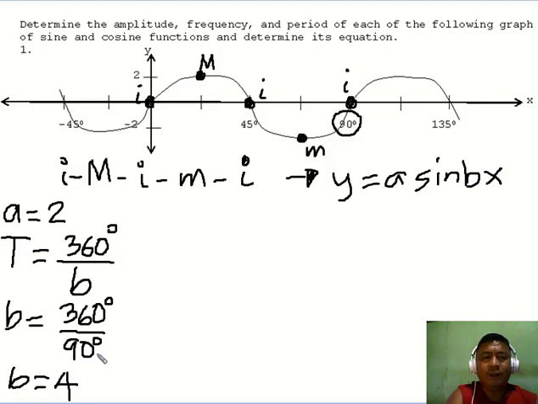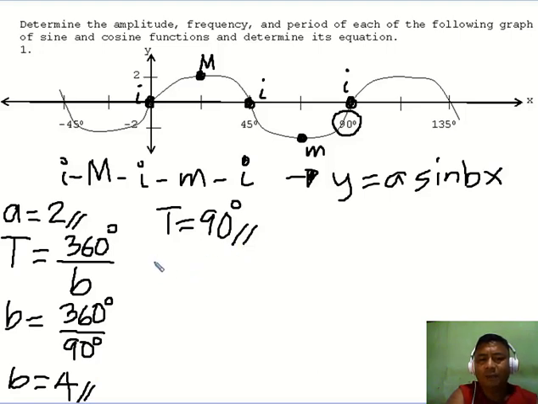So we already determined the frequency. The frequency is simply equal to 4, and the period T is equal to 90 degrees. Take note of the answers. The amplitude is 2, the frequency B is 4, the period T is 90 degrees.